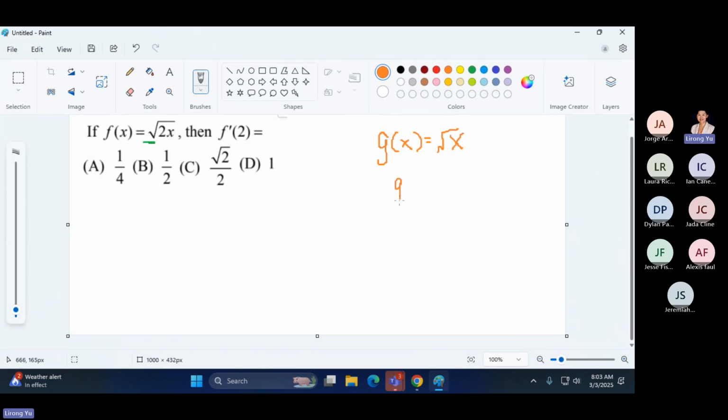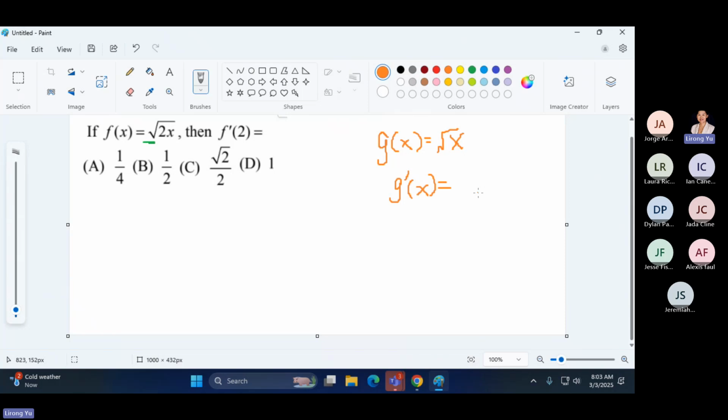Then we're trying to find the derivative of this. The question is to find the derivative of root of 2x, but you have to know how to differentiate root of x before you're able to differentiate root of 2x. This is the kind of question we might have done in our homework, like section 2.3, basic differentiation rules.